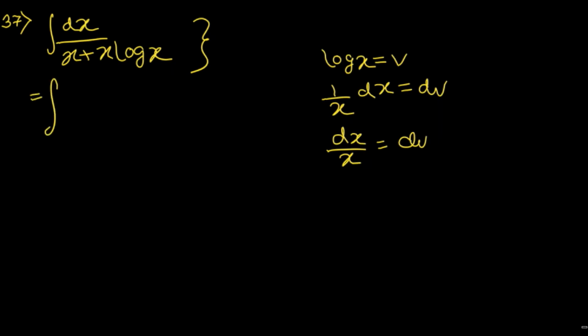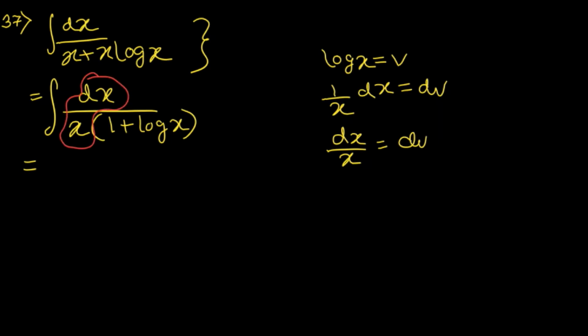From this sum, if we take x common from the denominator, we are left with 1 plus log x. So dx by x, this term, we can write as dv. So the integration of dv by 1 plus v. You can directly implement the logarithmic formula, but since the 1 plus term is added to v, we can rationalize it.